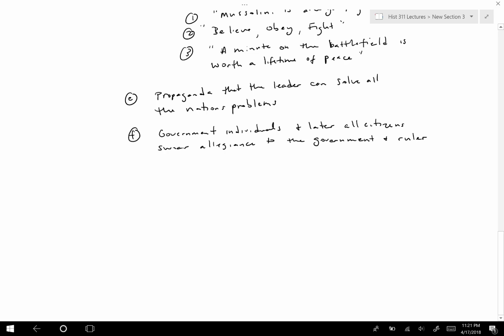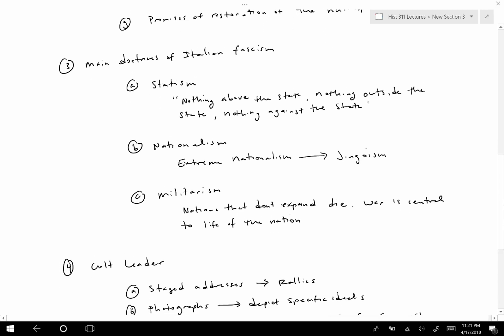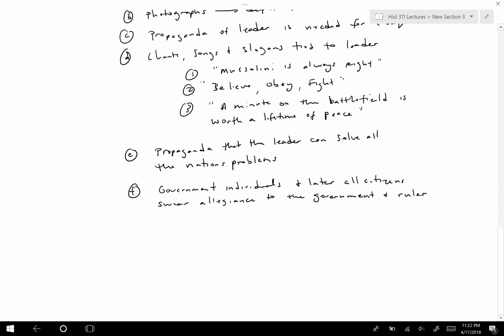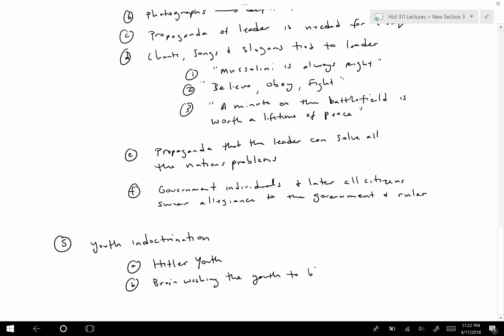We should put that one down, we'll put it as its own thing. Youth indoctrination. The example with this would be the Hitler Youth. It is essentially brainwashing the young, the youth, to blindly follow and support the fascist ideals and the leader.